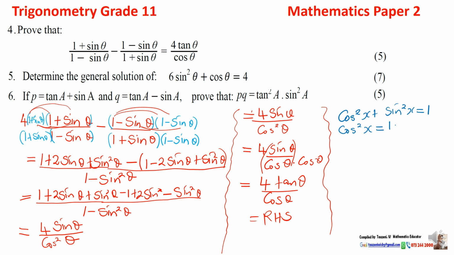We can move the sine squared to that side, then it will give us 1 minus sine squared x. We must also know that in that form, we can factorize 1 minus sine squared x into 1 minus sine x and 1 plus sine x, using the idea of difference of 2 squares. This is my identity. We can express it in various ways.